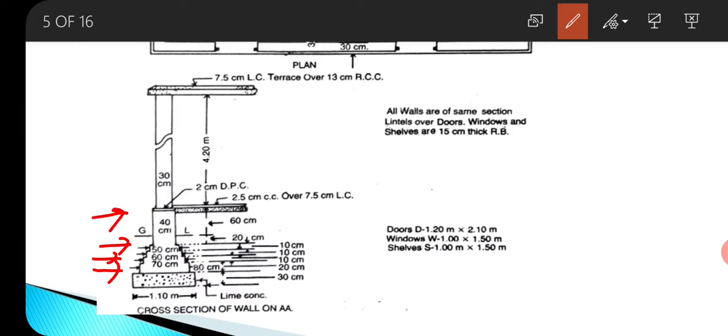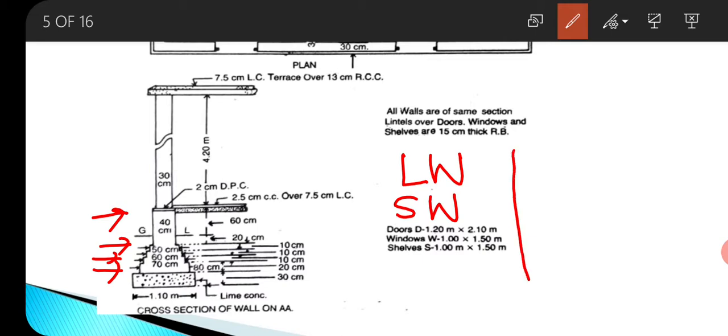In the last class we calculated these footings and the plinth wall along the long wall, and today we will calculate the footings along the short wall.